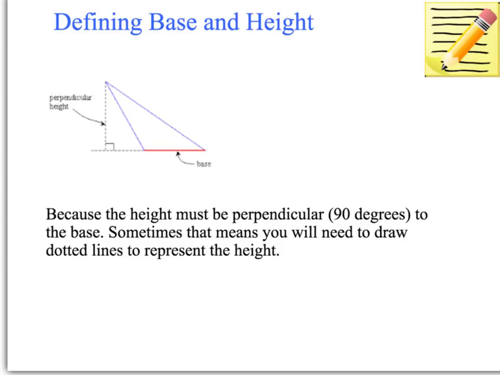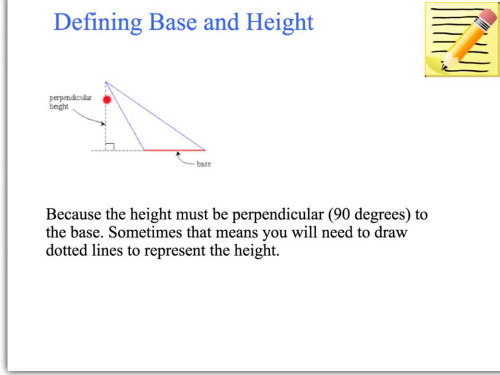When we are doing this, for some of the triangles you won't actually be able to join the base to the vertex without doing something else. So you need to draw dotted lines to represent the height. So you can see this triangle here, this way. Alright, the vertex is here.